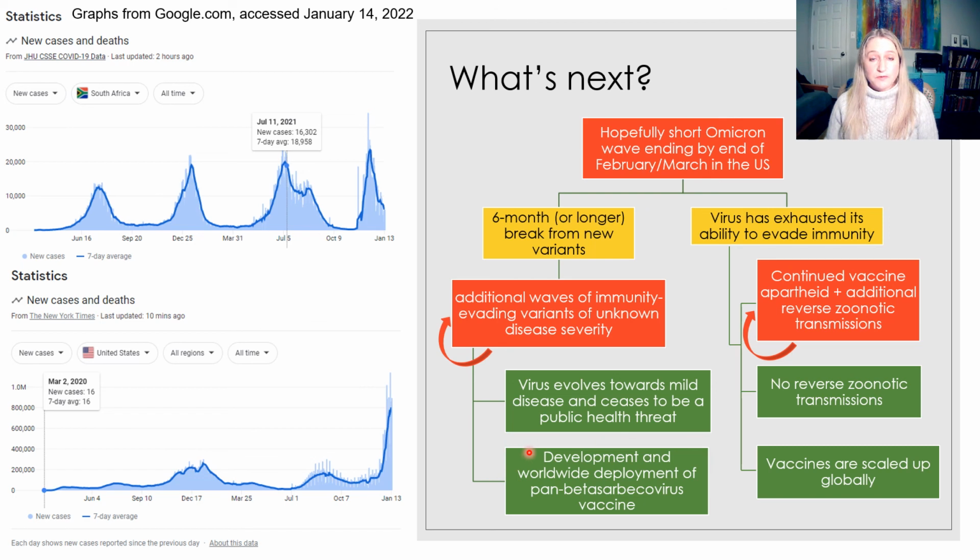So once those vaccines are developed and deployed worldwide, we could see the end of the pandemic and even stop future pandemics from related viruses. That would be really the best outcome. But again, we don't know how long it's going to take to develop these vaccines. We can hope that it's soon. It might be in the next year. It might be in several years. We're not sure. That's kind of how science works.